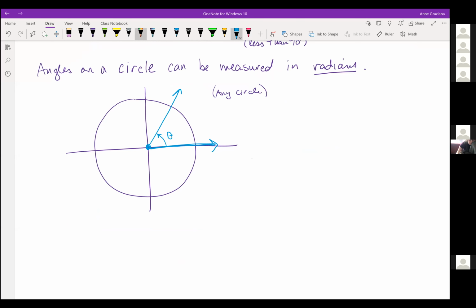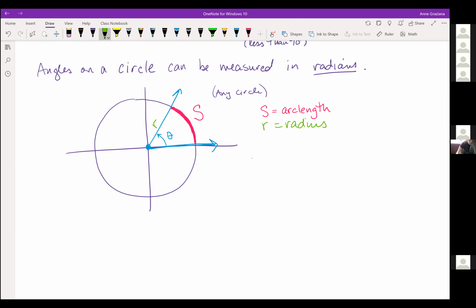Now, in a circle, you also have a radius. And this piece right here is an arc. The symbol for that is S. So S means arc length. R is radius.